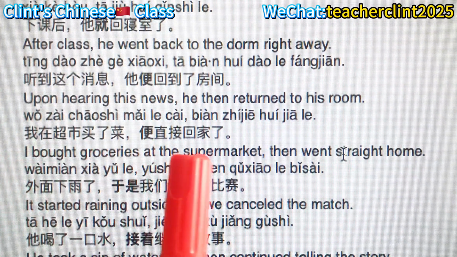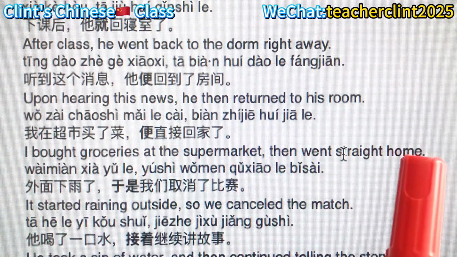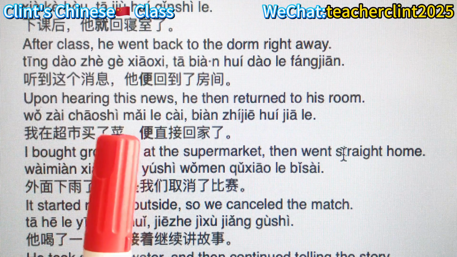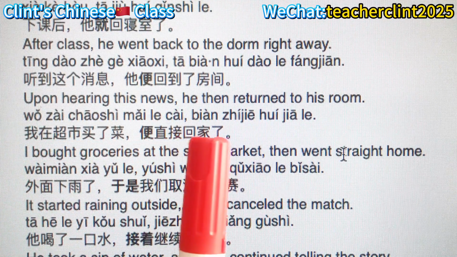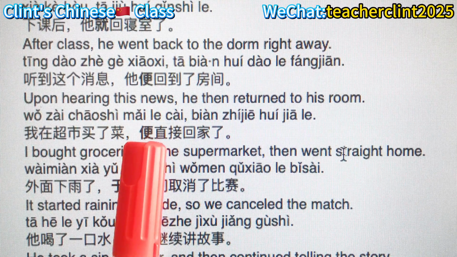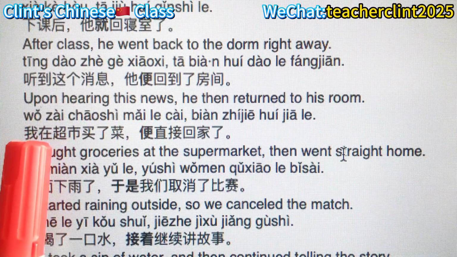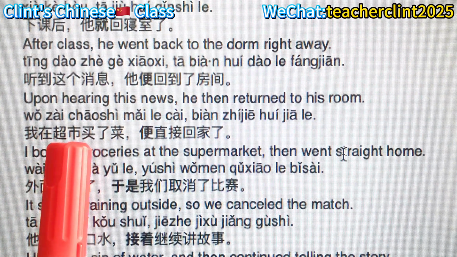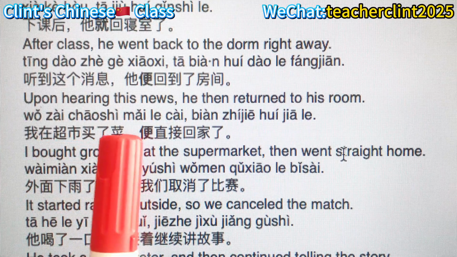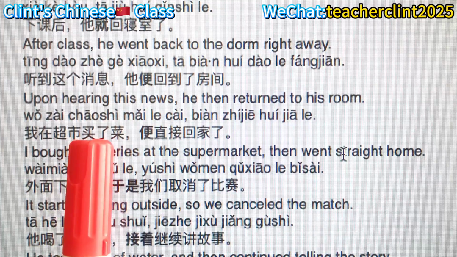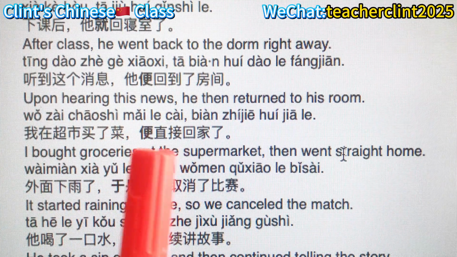I bought groceries at the supermarket, then went straight home. 我在超市买了菜，便直接回家了。Again, we use the conjunction 便 meaning then or and then. 我 subject 在超市 at the supermarket show the location. 买了菜 predicate and object. Bought vegetables.